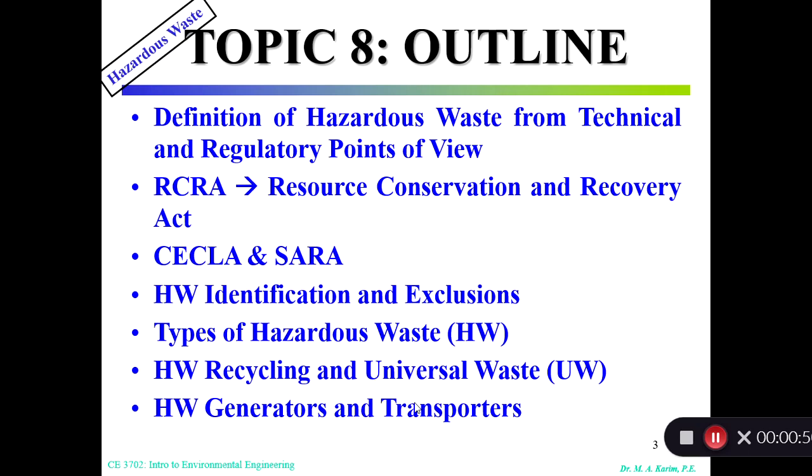So here is the outline. We'll define the hazardous waste from technical and regulatory points of view. Then we'll discuss the RCRA, Resource Conservation and Recovery Act, and then the CERCLA and SARA. I will explain all of those: hazardous waste identification and exclusions, types of hazardous waste, hazardous waste recycling and universal waste, and hazardous waste generators and transporters.